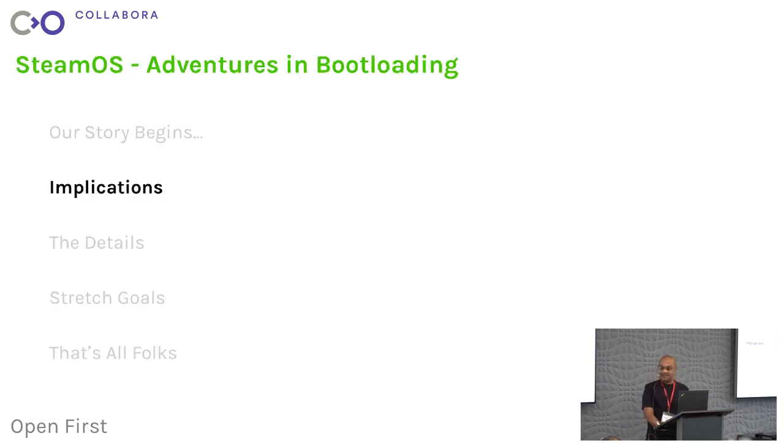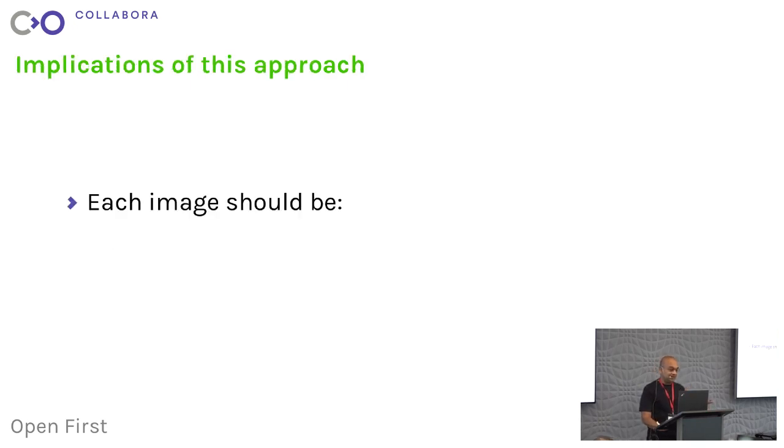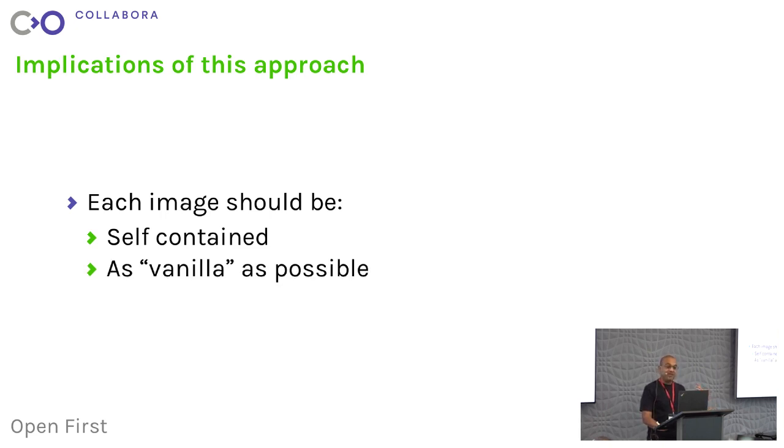So this does have some implications for how you design it, how you do the layout of the operating system, and how the bootloading works. So what are some of those implications? Each image should be self-contained. It should be as vanilla as possible. We don't want to have to change the layout of the operating system image itself much.